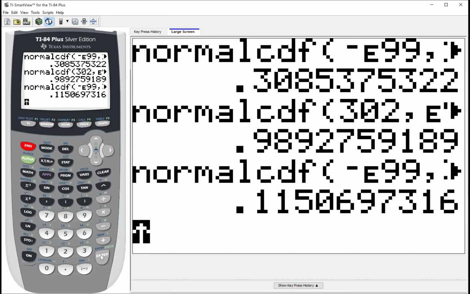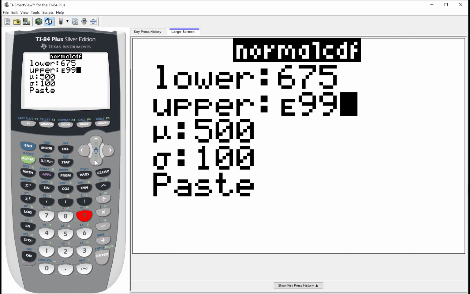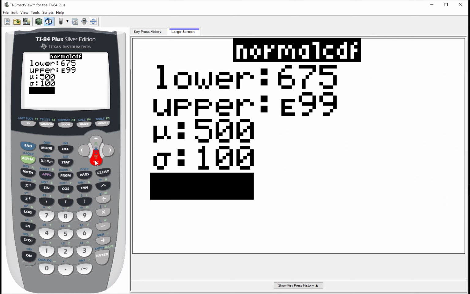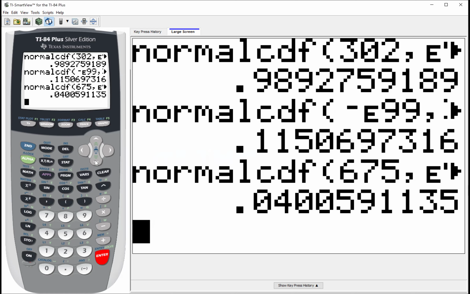We'll pull up normal CDF. My lower is 675. My upper is E99. The mean is 500. The standard deviation is 100. So we could paste, enter. And to 4 places, we get 0.0401.